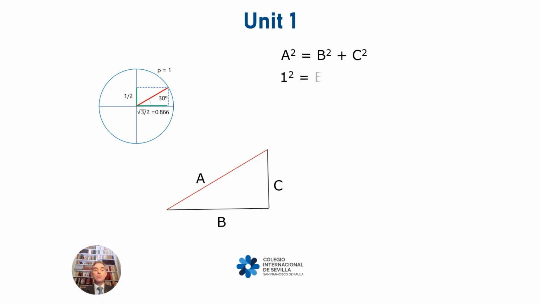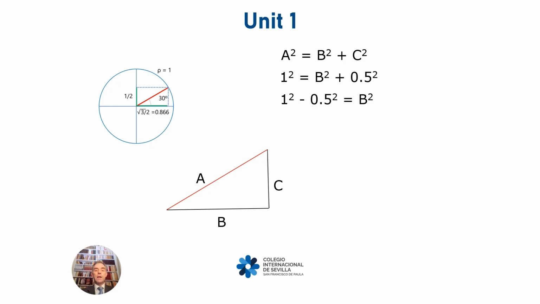Therefore, we can write that 1 squared equals B squared plus 0.5 squared. If we subtract 0.5 squared on both sides, we obtain that 1 squared minus 0.5 squared equals B squared. But 0.5 squared is 0.5 times 0.5, that's 0.25.